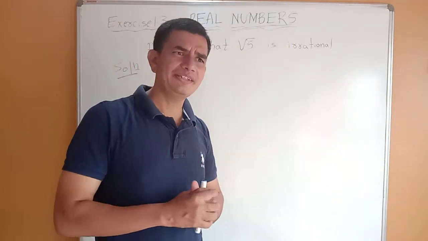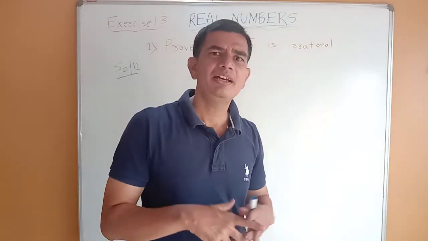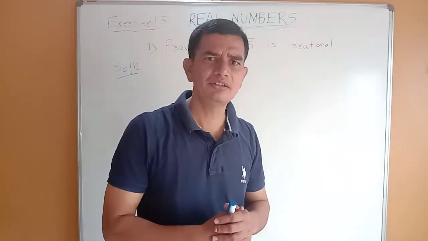To prove root 5 is irrational, we have to assume that it is rational, because we have to prove it is irrational.